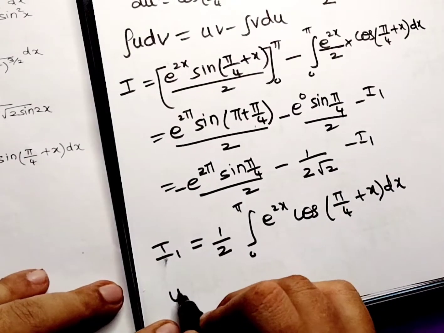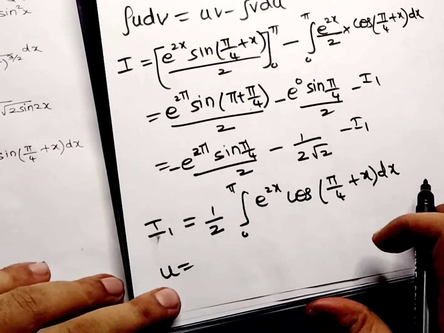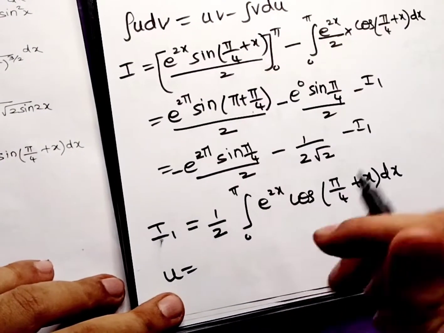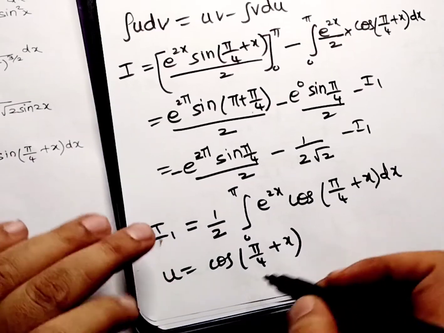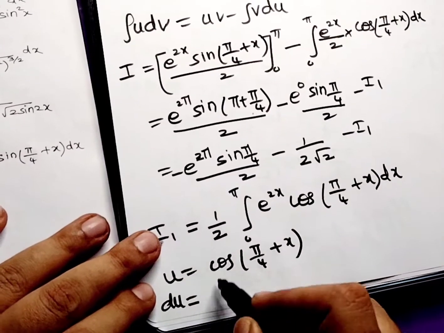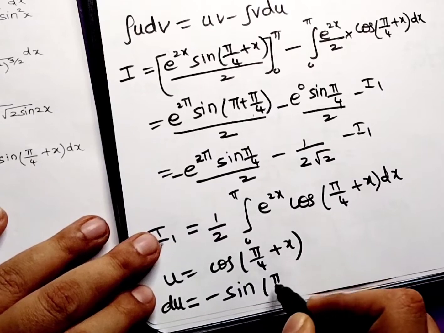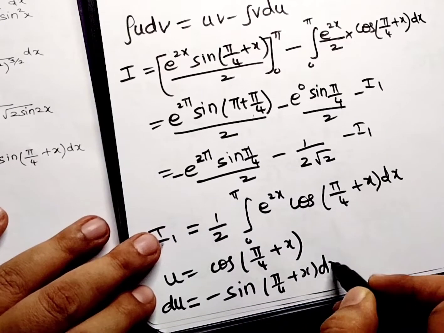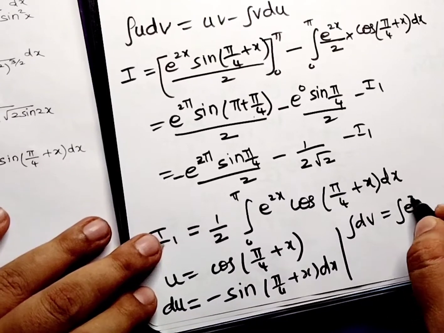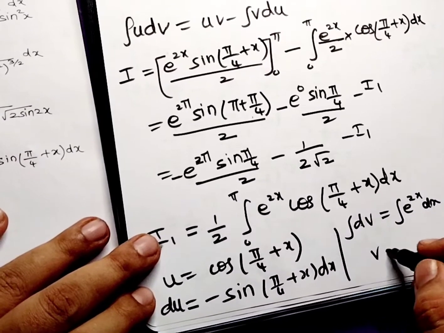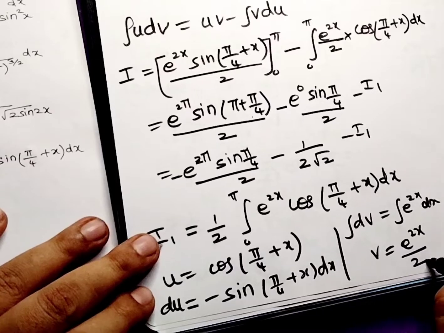So taking u as again the same properties how we done the first question, like first part. So u as cos of pi by 4 plus x, differentiating both sides with respect to x. So cos is minus sine pi by 4 plus x into dx, and integral dv, it is e power 2x dx. V is equal to e power 2x by 2.